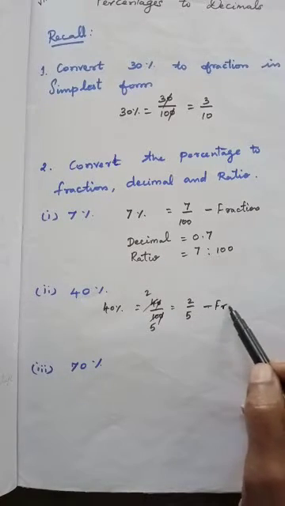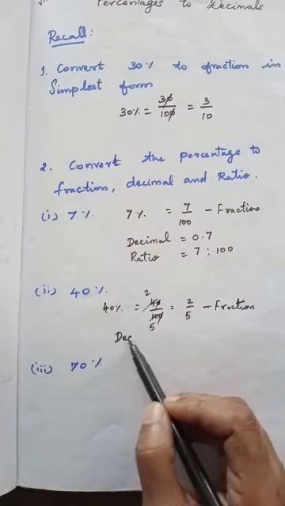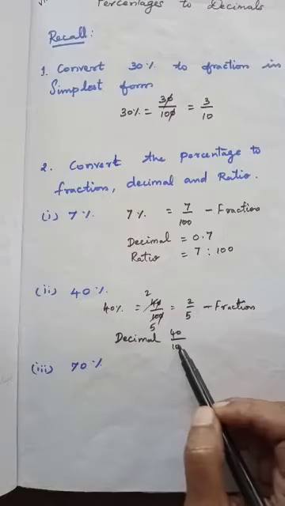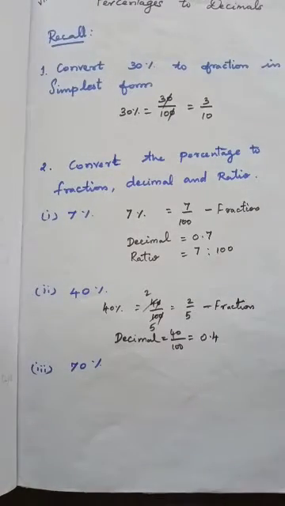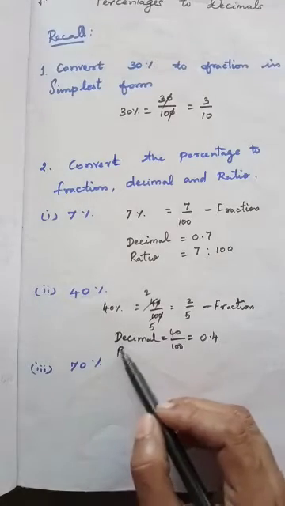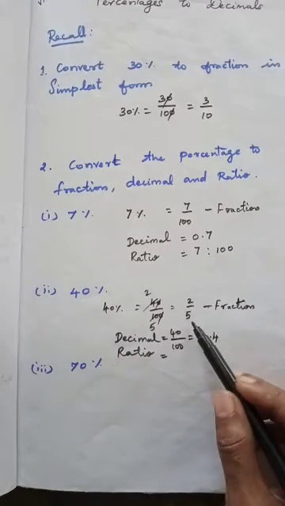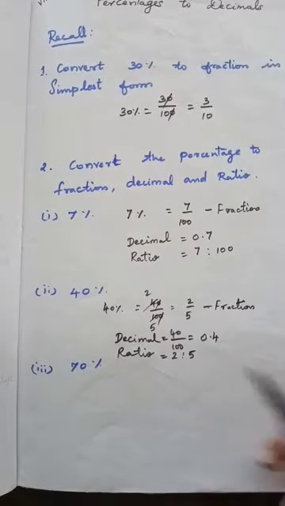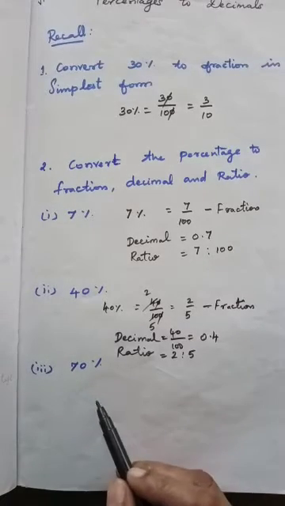Then decimal of 40%, 40 by 100, is equal to 0.4. Then ratio is 2:5, otherwise 40:100. Both are same. Then we shall move to 70%.